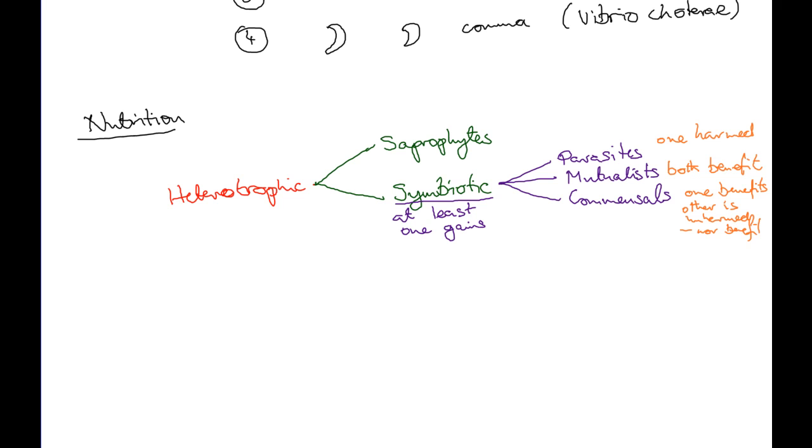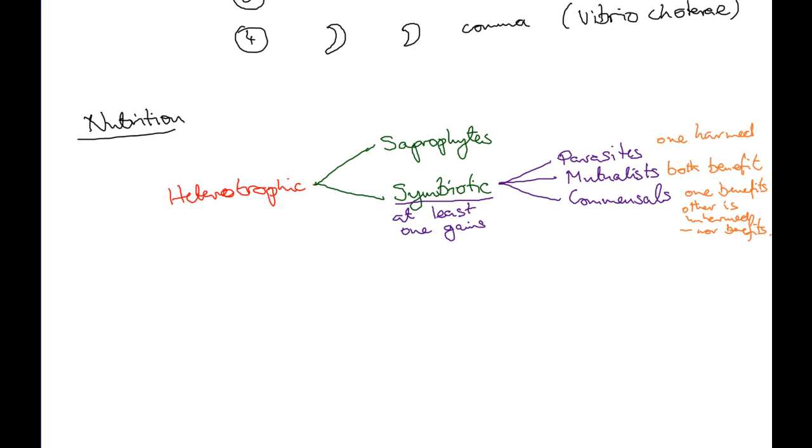So that's the breakdown. I just want to put in some detail there about symbionts. So symbiosis again is a close relationship between two organisms where at least one gains. Parasites is one kind of symbiont, where one of the organisms is harmed and the other one obviously benefits from that. If both benefit, we call it a mutualistic relationship, and if it's a commensal relationship, one of the organisms is gaining and the other one is neither harmed nor benefits.